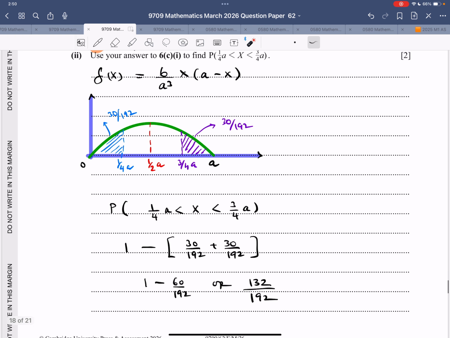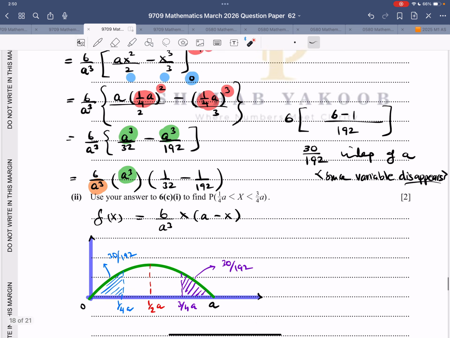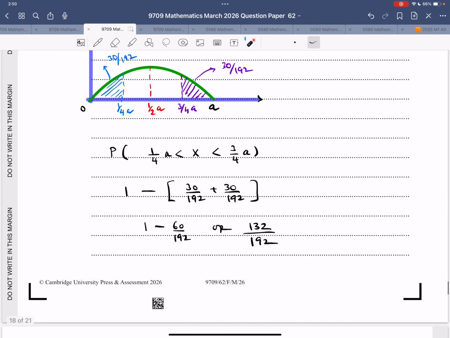And now the last part. Again, it's back to the sketch. It's a symmetric sketch. This is half a, that is the mean, that is the median. Lesser than 1/4 is 30/192. Greater than 3/4 is 30/192. Therefore, they are asking between 1/4 and 3/4. So these are these two values.